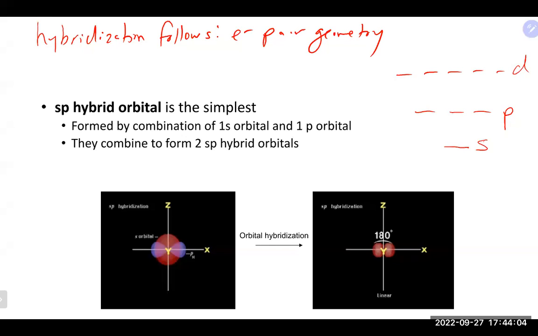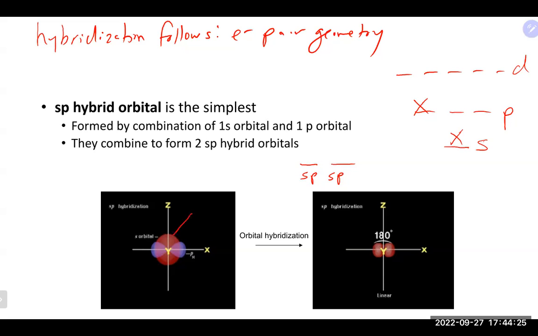In this case, we're going to take an s and a p orbital and hybridize them, and that's going to give us 2 sp hybrid orbitals.